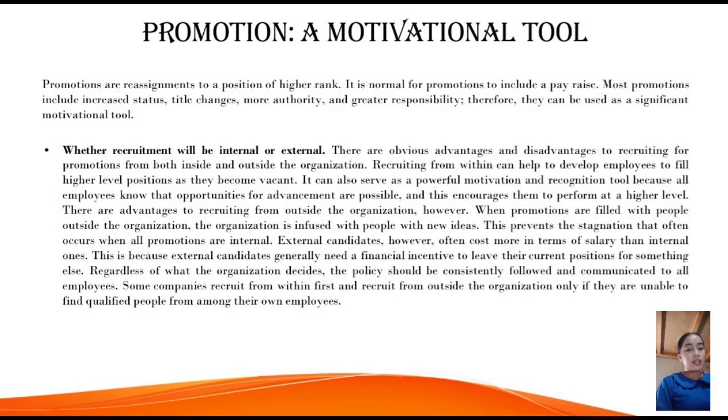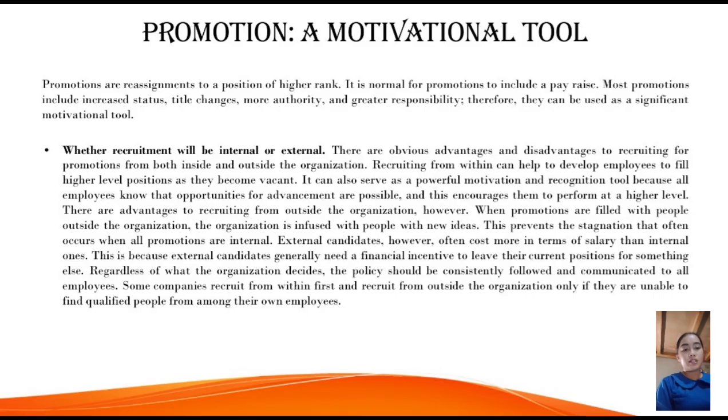Recruiting from within can help to develop employees to fill higher level positions as they become vacant. It can also serve as a powerful motivation and recognition tool because all the employees know that opportunities for advancement are possible, and this encourages them to perform at a higher level.